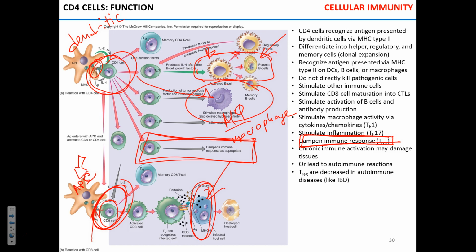But these studies show very convincingly that the number of T regulatory cells in the lamina propria of people with IBD is much lower than the number of Tregs in the lamina propria of healthy people. In a healthy patient, Tregs will keep inflammation under control.